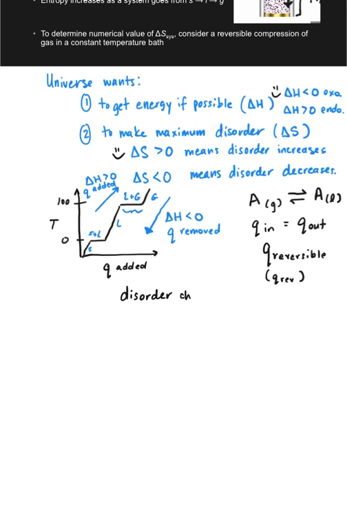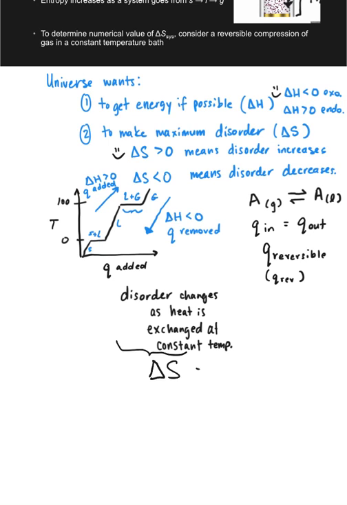Disorder changes as heat is exchanged at constant temperature, right along this flat line in the phase change diagram for water. Disorder is measured by entropy, delta S. So this whole thing is disorder, delta S. And that is equal to the amount of heat that's exchanged, this reversible Q, divided by temperature.